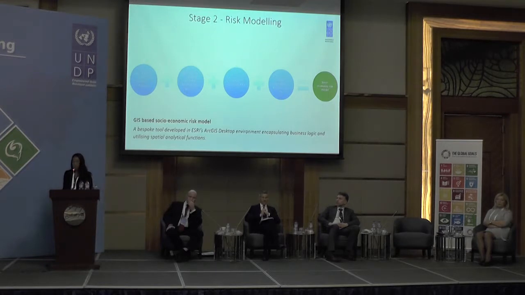We calculated a risk score, so a risk to people, risk to agriculture, risk to infrastructure, and all of this is embedded within a GIS-based model.